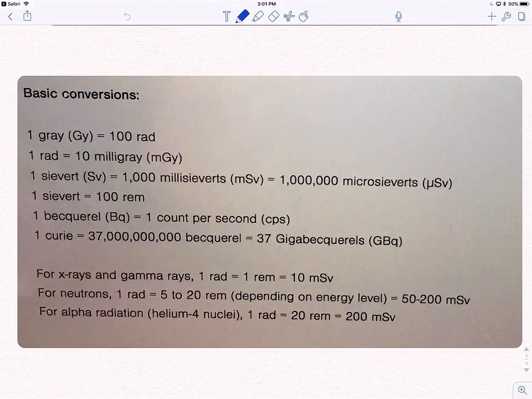All right, Jed, I think you asked what the different types of radiation units are. So the base unit is a becquerel. It's the count per second, just how many things break apart: how many photons, how many alpha particles, how many betas.